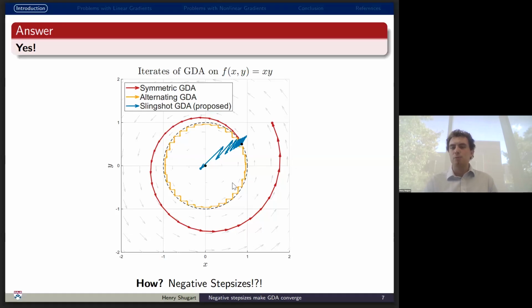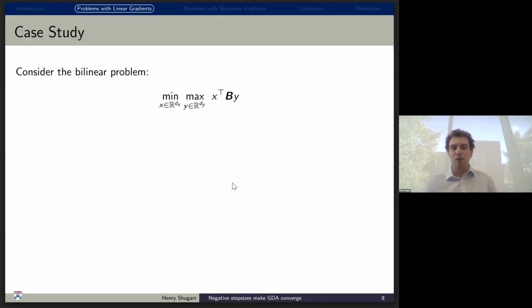Surprisingly, this backwards progress is important in forcing GDA to converge and really seeing this convergence. Now I'm going to walk through a simple example of how we derive these negative step sizes and why they might work.